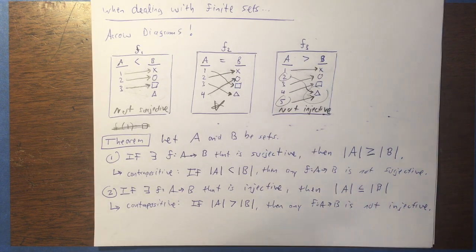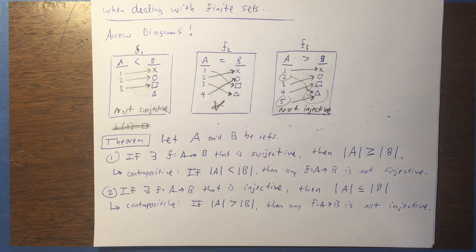So this theorem establishes a connection between the idea of injective and surjective functions, and also the idea of cardinality and the relative size of the domain and the codomain.